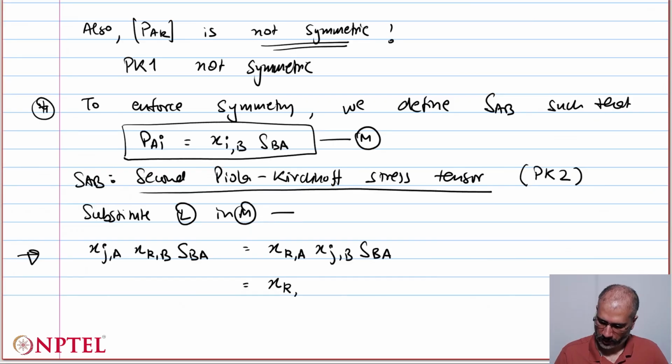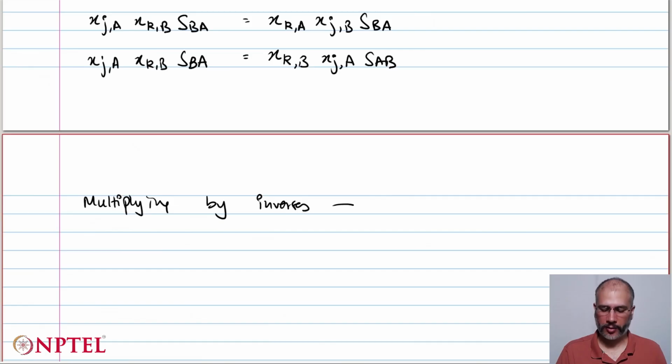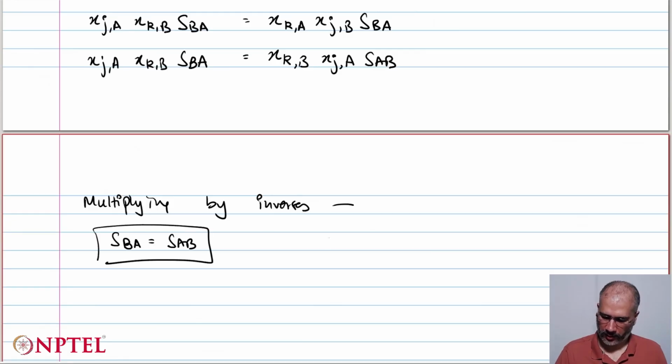So this becomes xk comma B, xj comma A, SAB, and the left hand side stays as it is. So now we can see we have an xk comma B and xj comma A. So we can multiply both sides by the inverses of these, and since the inverses exist, we will finally see that SBA is SAB. So that means the second Piola-Kirchhoff stress tensor is indeed symmetric.